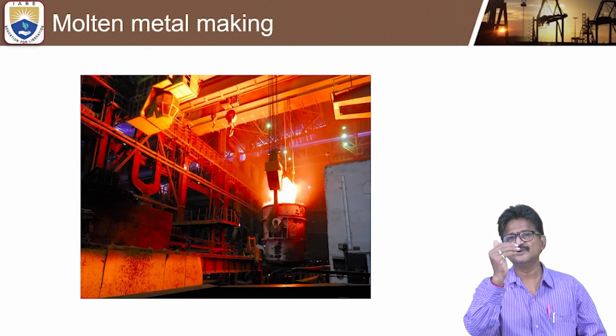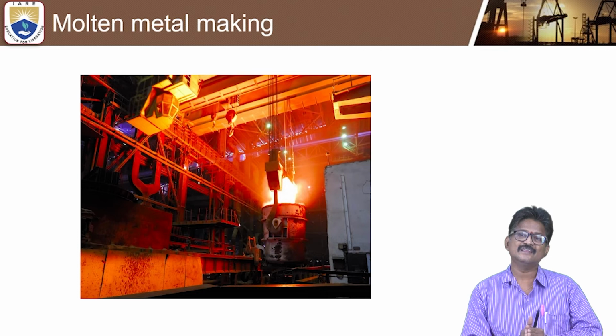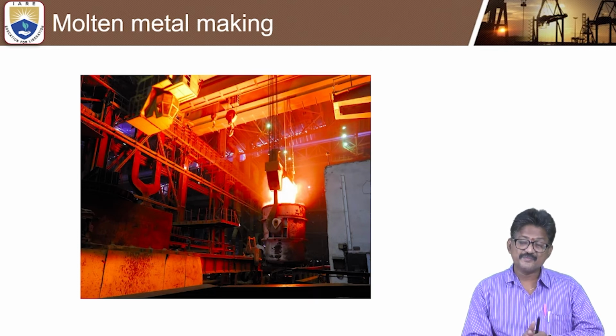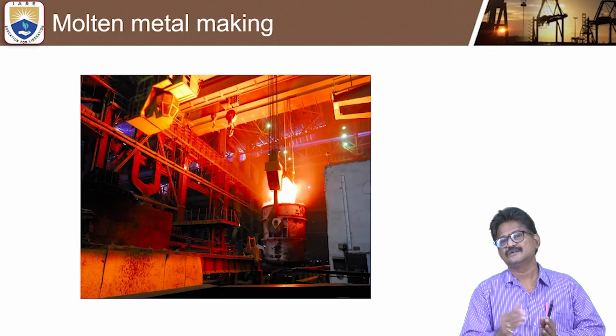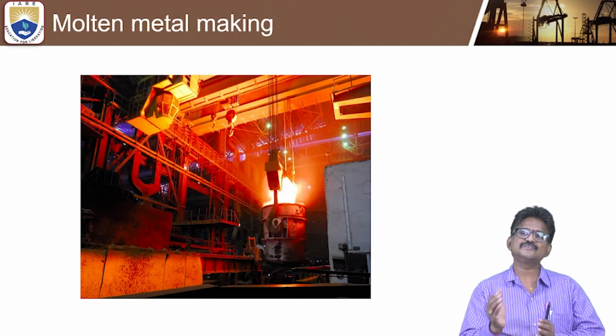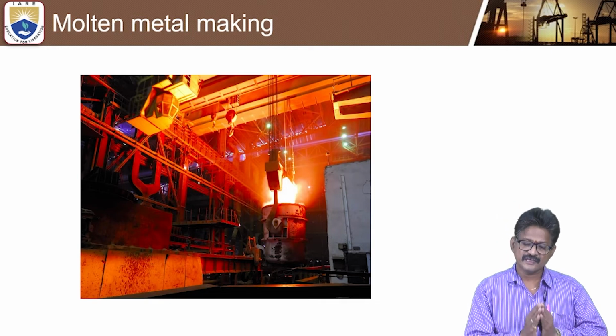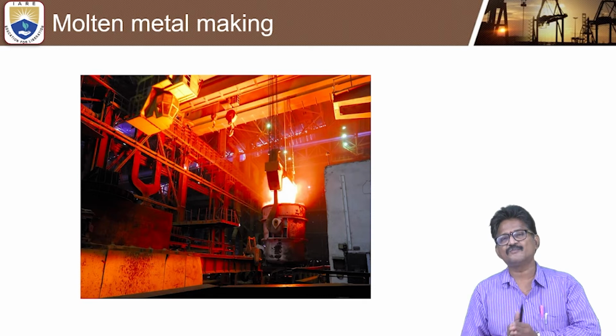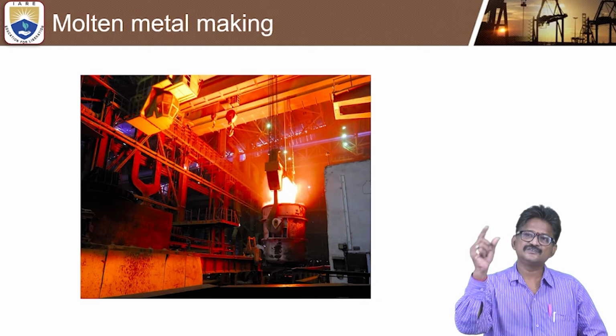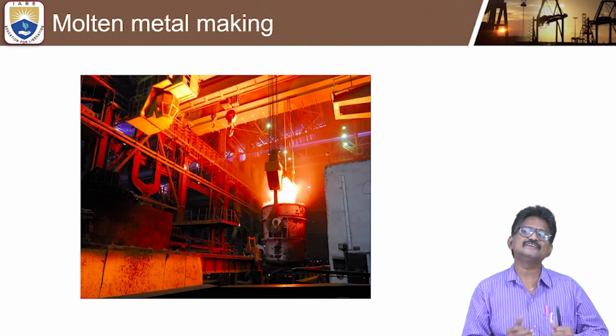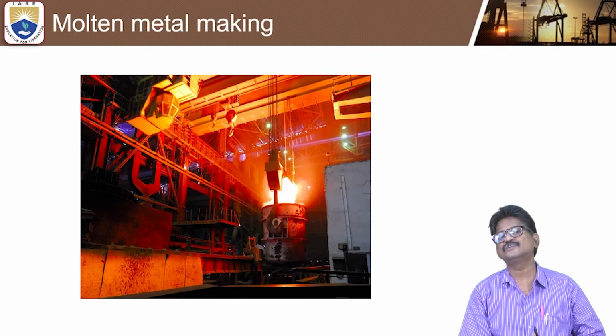When you want to pour the molten metal, you should prepare the mold cavities 2 hours before, and once the mold cavities are completed, then you get the molten metal and pour it into the series of mold cavities.